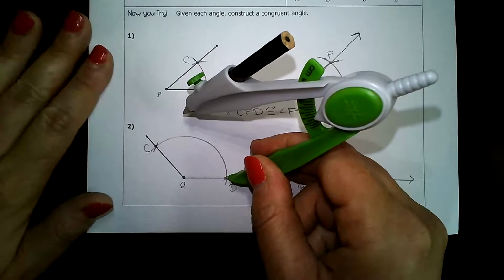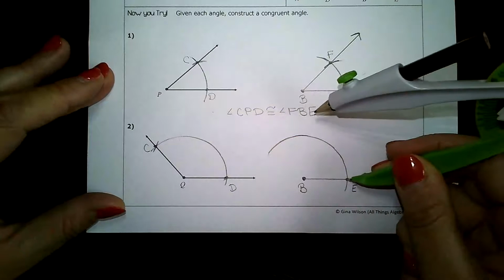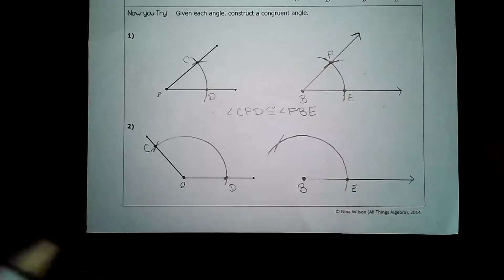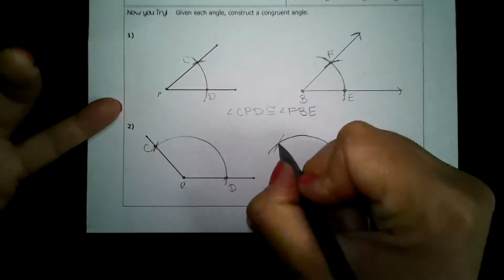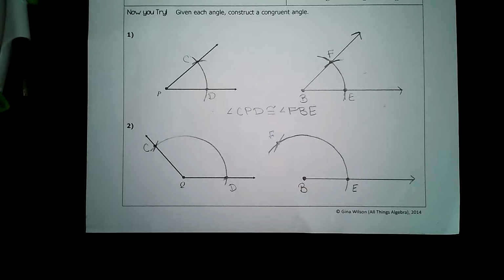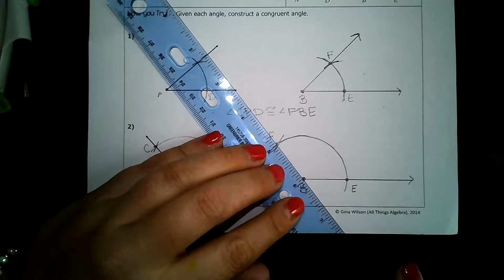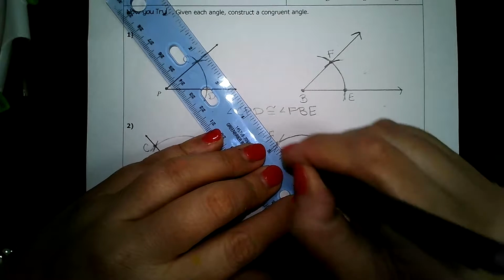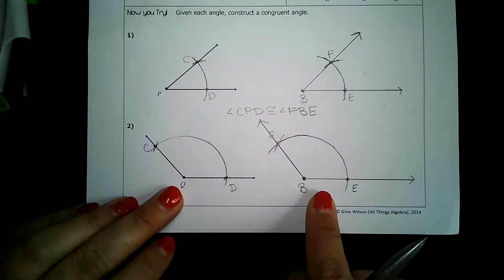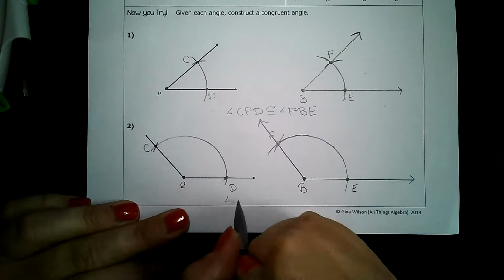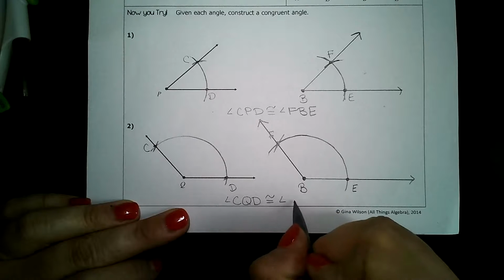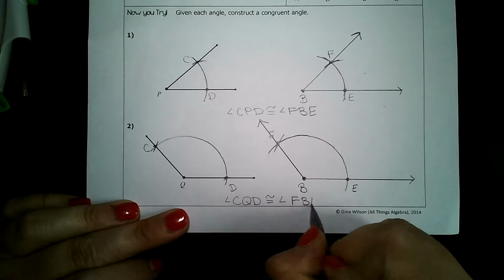Now, using that exact same size, travel over to point E and make an intersection. Let's label that point F. When you connect B to F, it should complete a congruent angle. These two obtuse angles are now congruent, so I have angle CQD is congruent to angle FBE.